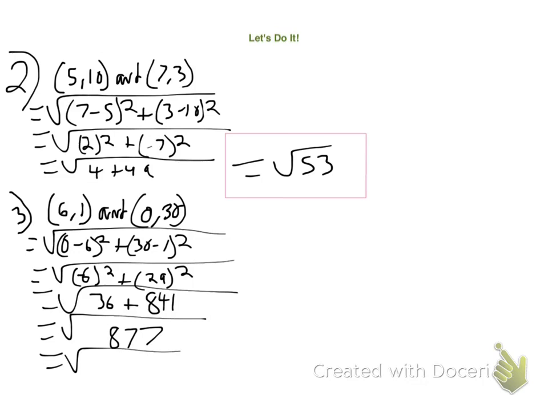And it's not divisible by 9, and it's not divisible by 25. Is there some square that perhaps it is divisible by? Maybe, but I don't know. So let's just say that it isn't. This is something for you to do, but I'm not going to get involved in that because I don't want the video to go too long. So I think we have our final answer here: the square root of 877.